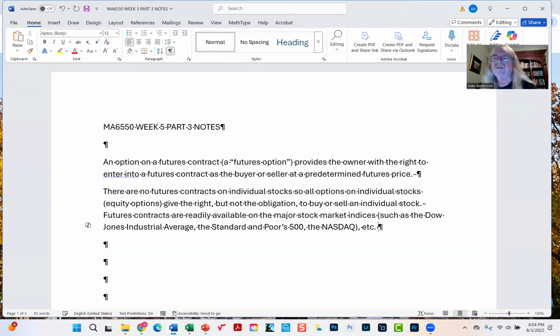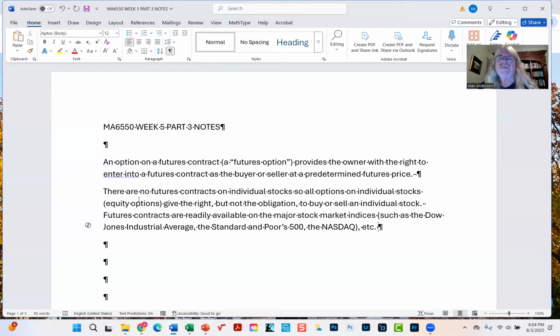And so that means that if I want to take on exposure to the overall market without choosing individual stocks, the best bet is to enter into one of these futures options where the underlying asset is one of these indices. That way, I'm essentially placing a bet on the entire market rather than individual stocks.